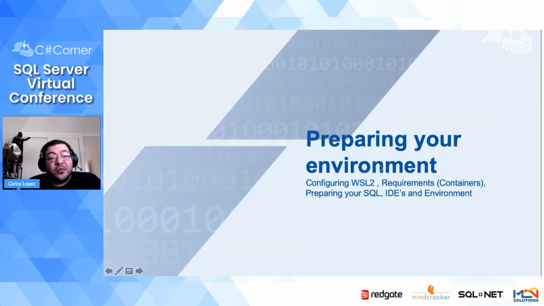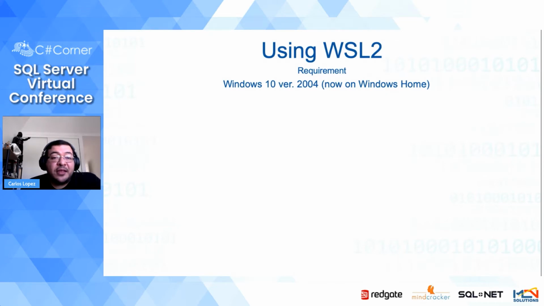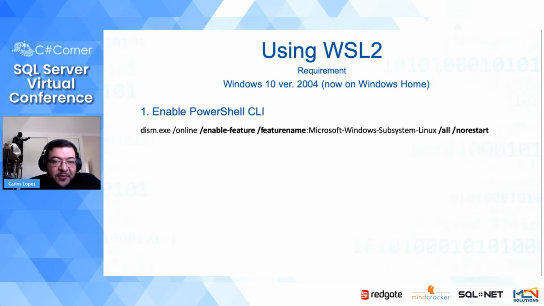So we're going to prepare our environment and configure it, and see what you need under requirements to prepare our SQL, because right now we have only talked about the operating system. Well, just a little bit more here. Bear with me a little bit.